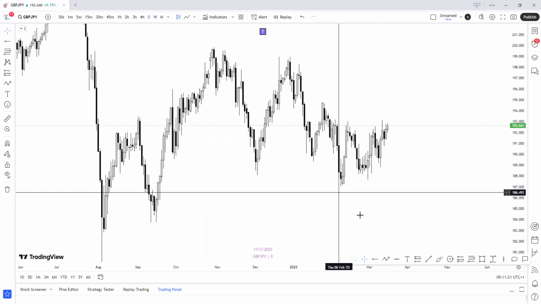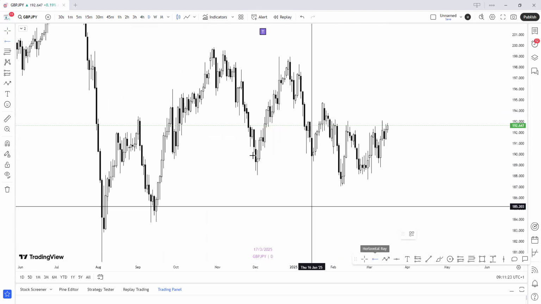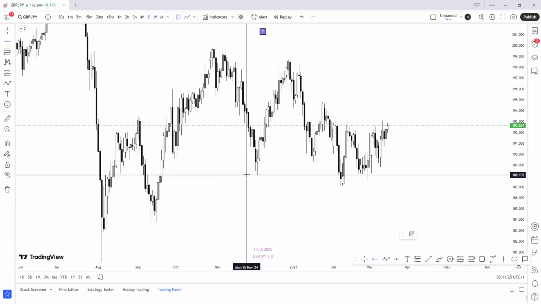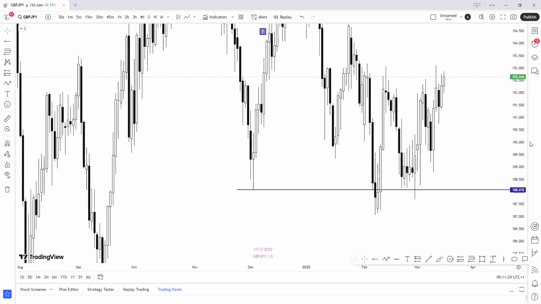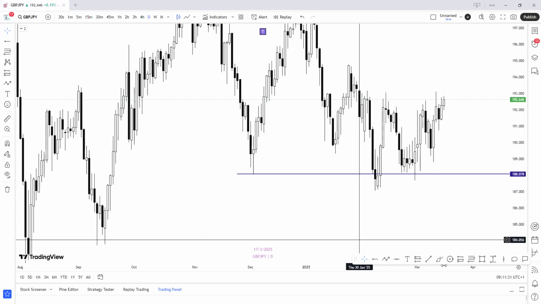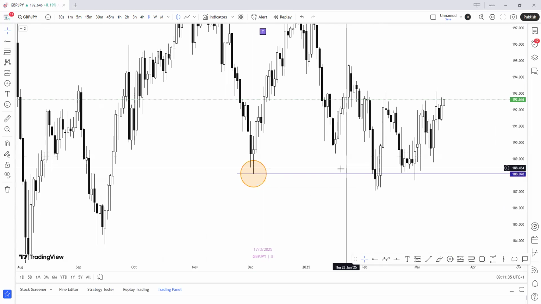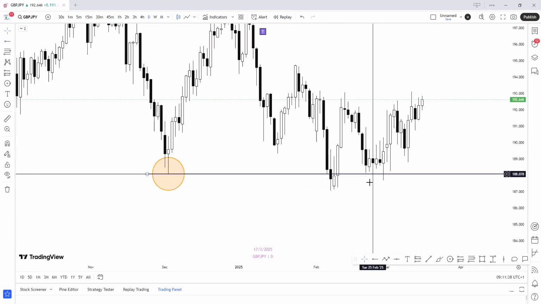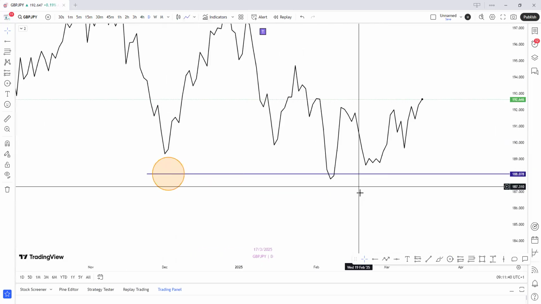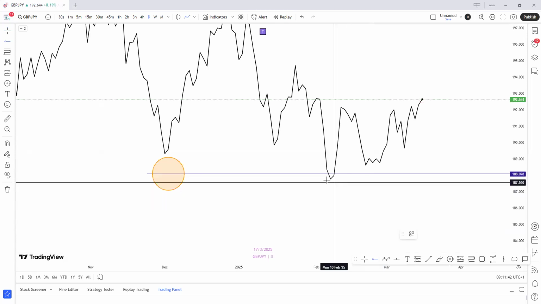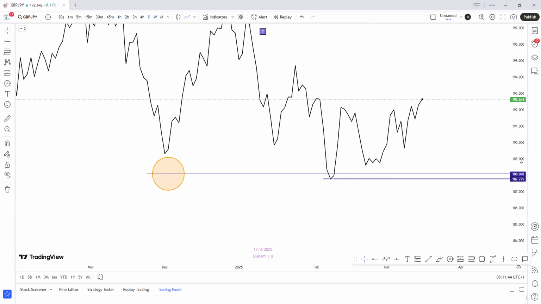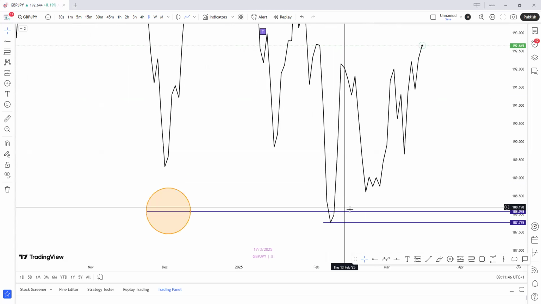So the first thing I notice is that the market has swept liquidity right here. We've taken out this sell side liquidity, and the market has pumped up to the upside. Now going to the line chart, you see that this is your daily key level, an important key level.